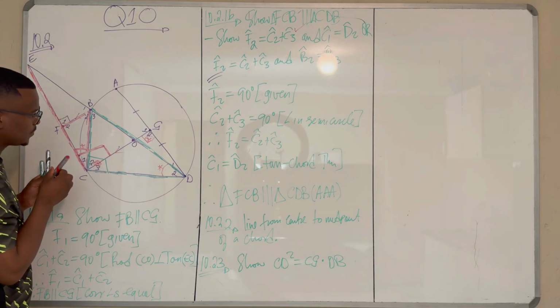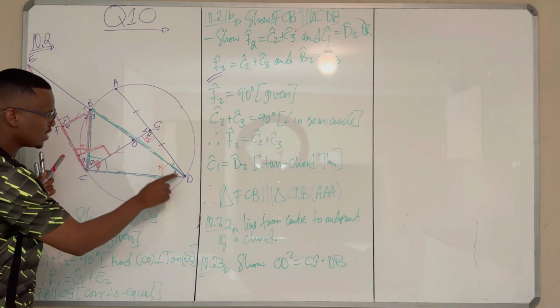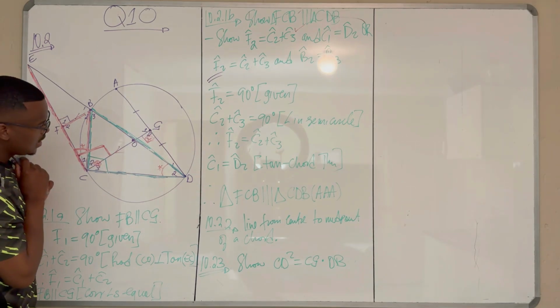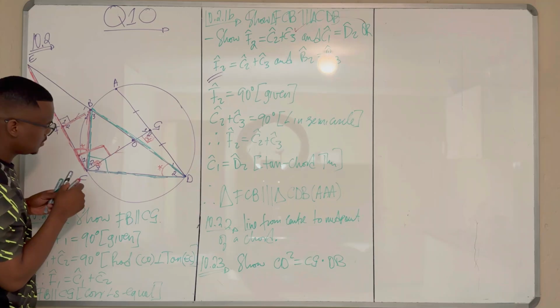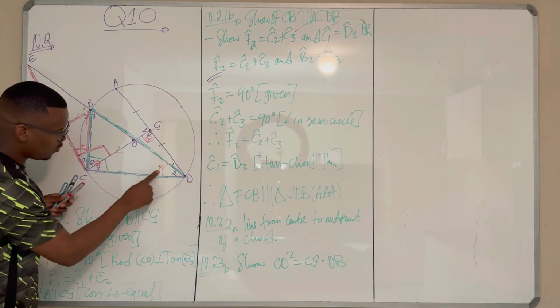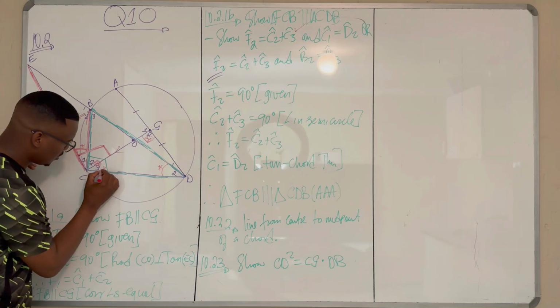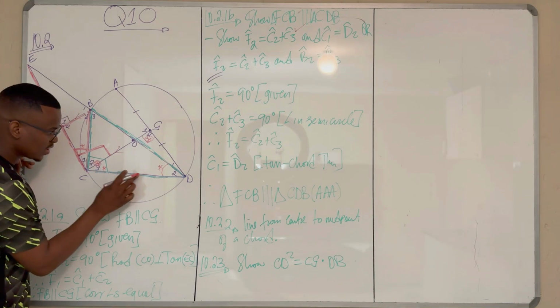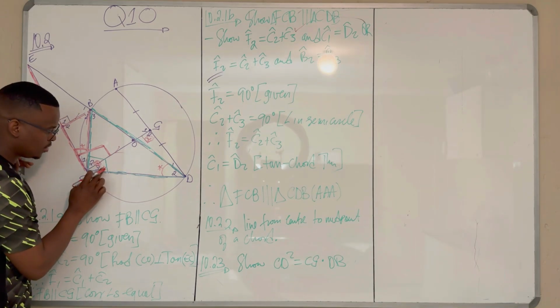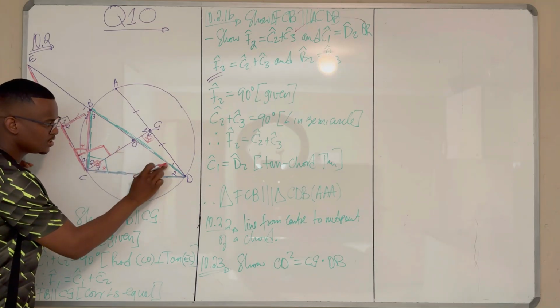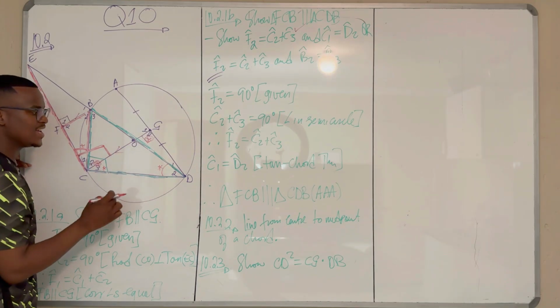No problem. So I'm looking at this green triangle and the purple triangle, and I can say this angle over here is the same as this angle over here, which is C3. So your D2 and C3 are equal because this side is equal to this side. These are radiuses, right? So the angles opposite equal sides of a triangle are equal.